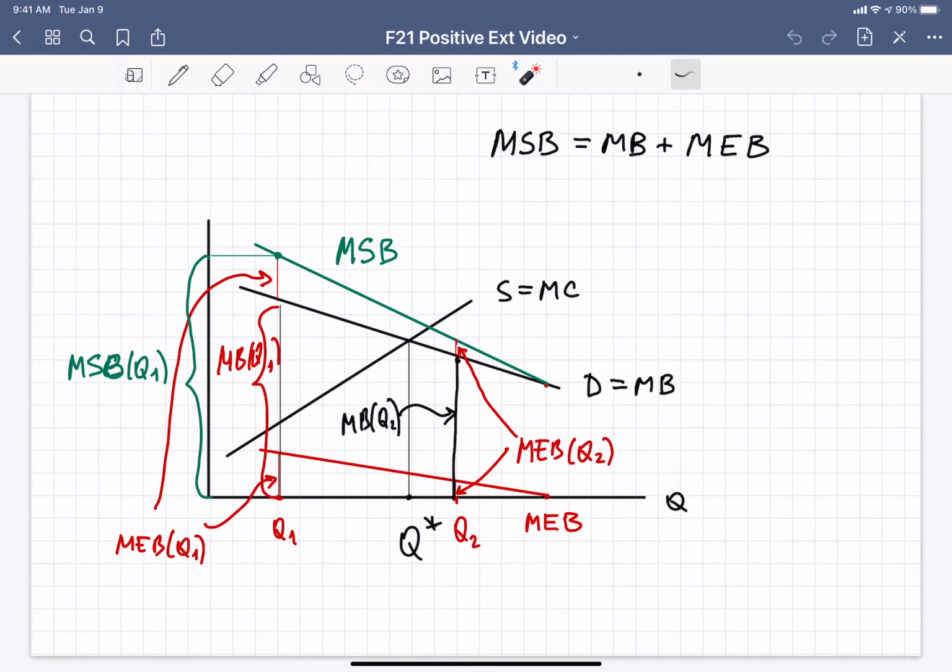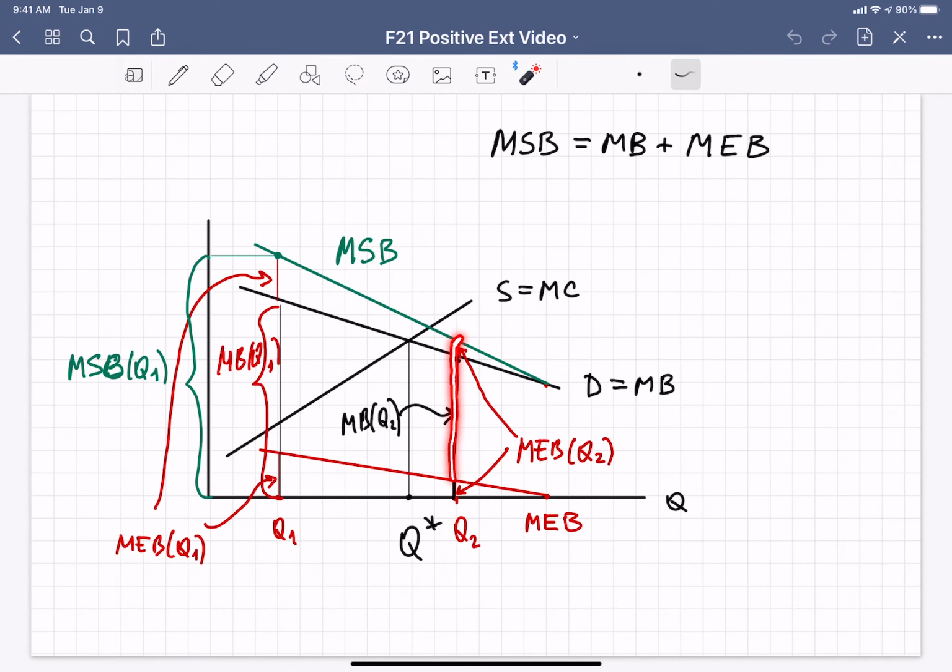And the same technique applies when we're figuring out this point. So at Q2, you measure your MB and then MEB, and you put one on top of the other. You can take this value and put it on top of this one, and it will bring you here. Or you can take this value and put it on top of this value, so that will do this.